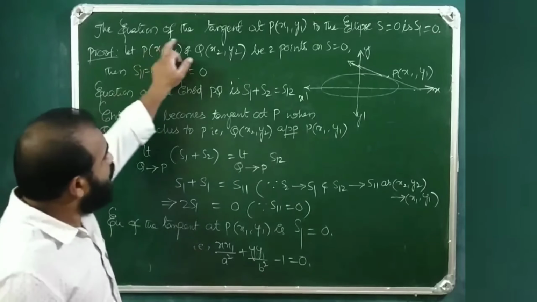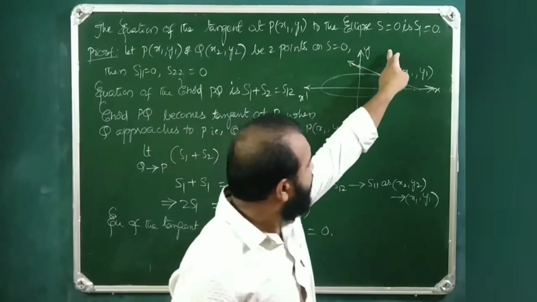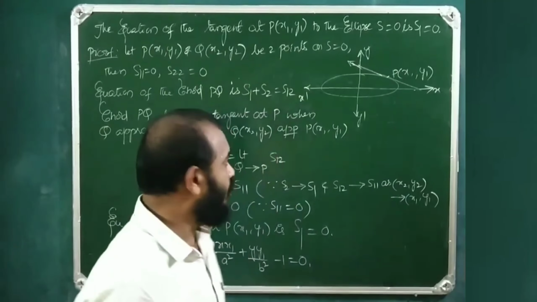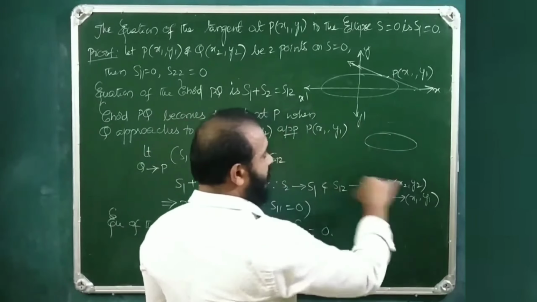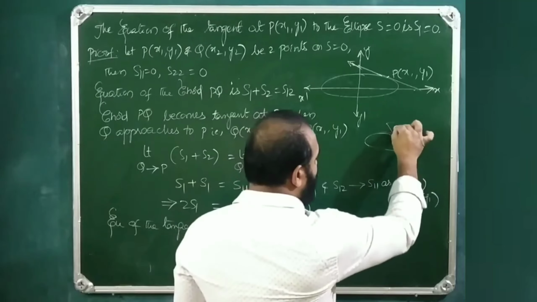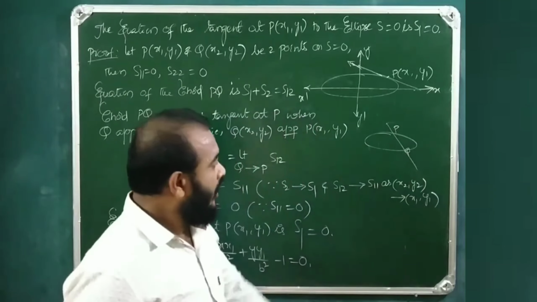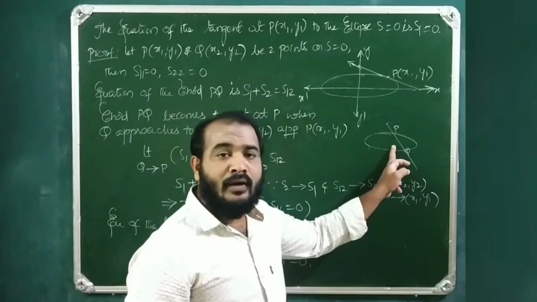So now the equation of the tangent at P(x1, y1) to the ellipse S = 0 is S1 = 0. Before, we have seen this is the ellipse and this PQ is the chord, and this chord PQ will become a tangent.